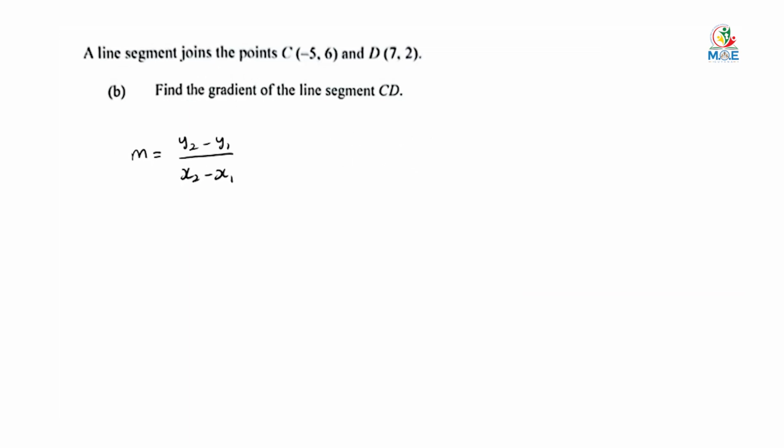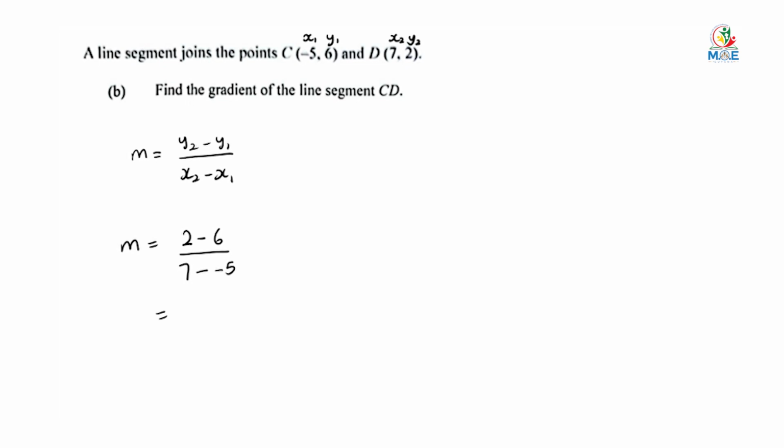So now let's label. This is x1, y1, x2, y2. So the gradient would be equal to y2, which is 2, subtract y1, which is 6, all divided by x2, which is 7, subtract x1, which is -5.